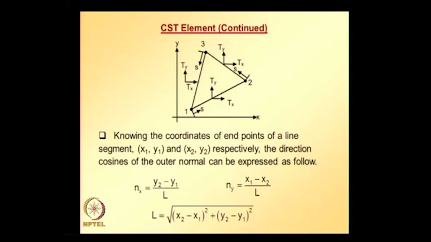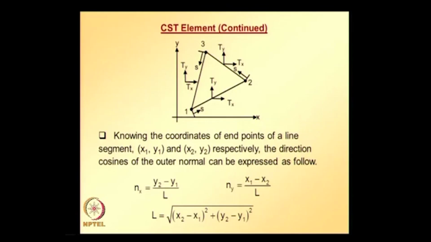And we need to carry out integration to calculate the equivalent nodal vector. These integrations can be performed in closed form if the specified surface tractions Tx, Ty are simple functions of x and y. If Tx, Ty are constant, it is much easier.